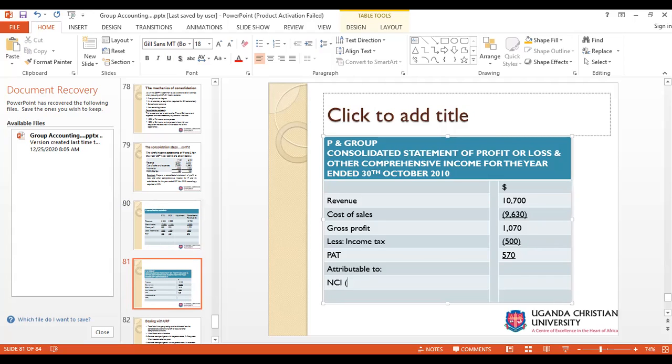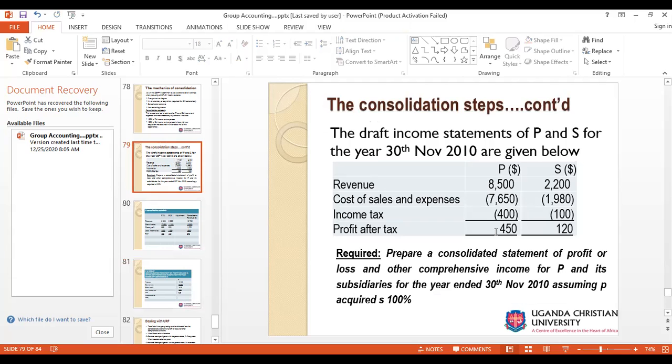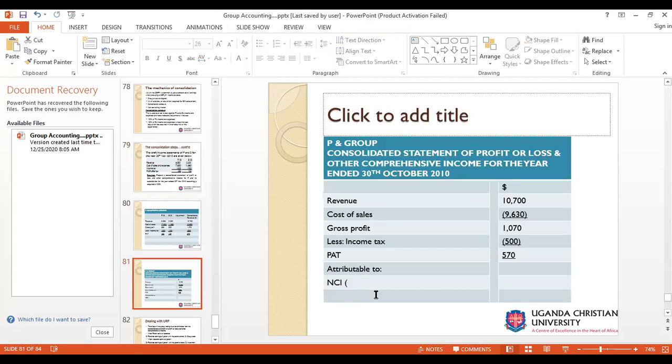The profit attributable to NCI, remember, our NCI profit was 120. So what is attributable to NCI is the percentage that goes to the NCI. But remember we said it was acquired 100%, so what is attributable to NCI is 0%.